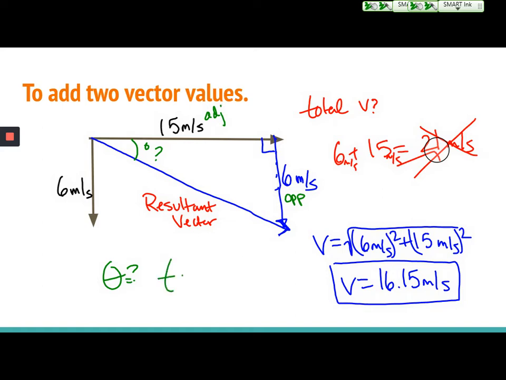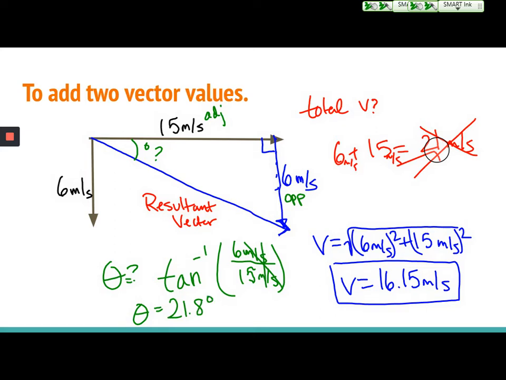Actually, we're going to use inverse tangent of 6 meters per second over 15 meters per second. The units actually cancel out, which is perfect because tangent is a dimensionless thing. So in your calculator, do inverse tangent of 6 over 15. My angle will be 21.8 degrees.